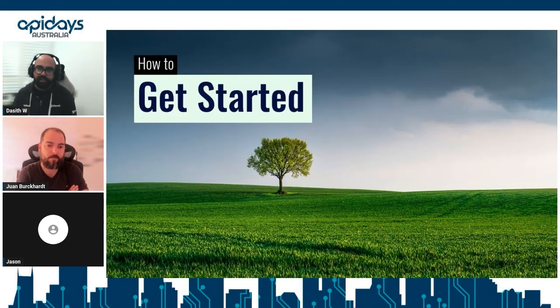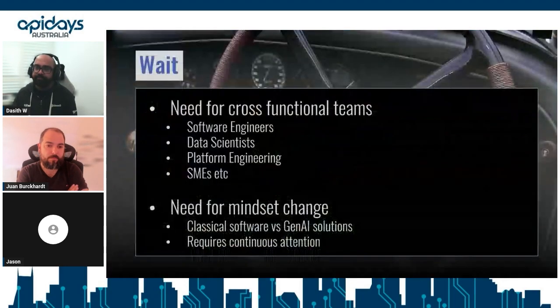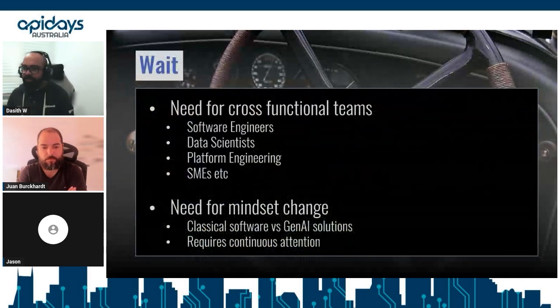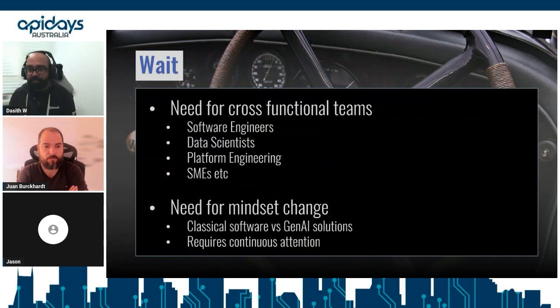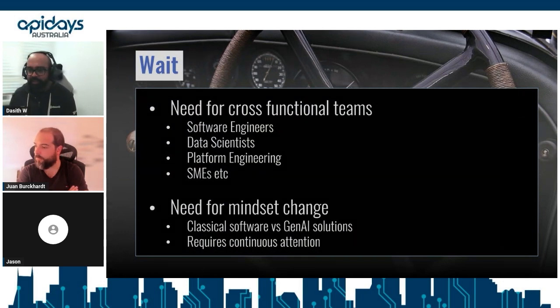So to get started, I'll talk about the need for cross-functional teams. As you know, we went through this DevOps transformation maybe, I don't know, a decade ago, and we started looking at putting cross-functional teams in, and these lessons still apply when doing large language model development. You absolutely need engineers.